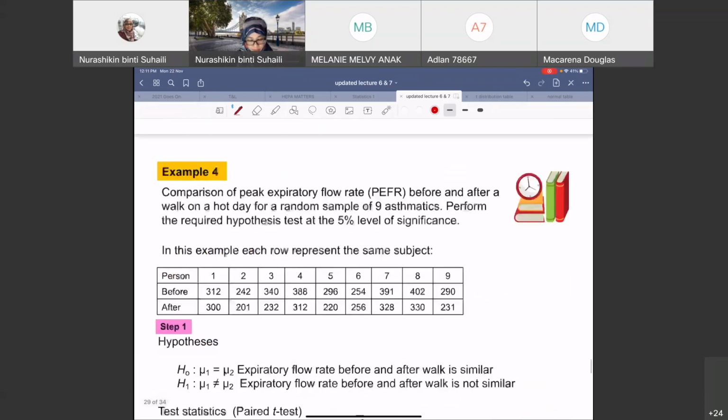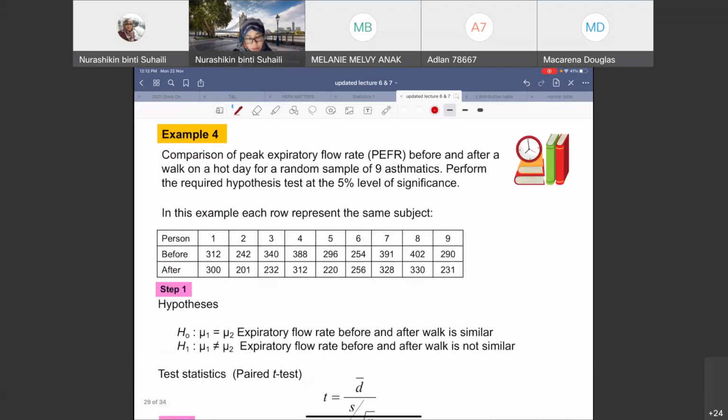Let's have a look at the question. Comparison of peak expiratory flow rate before and after a walk on a hot day for a random sample of 9 asthmatics. Perform the required hypothesis test at the 5% level of significance.